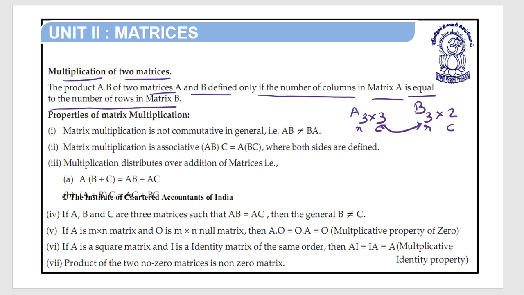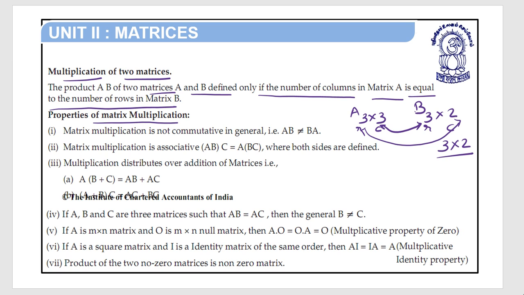So multiplication is possible, and you will get the new matrix AB in the form of 3 by 2.